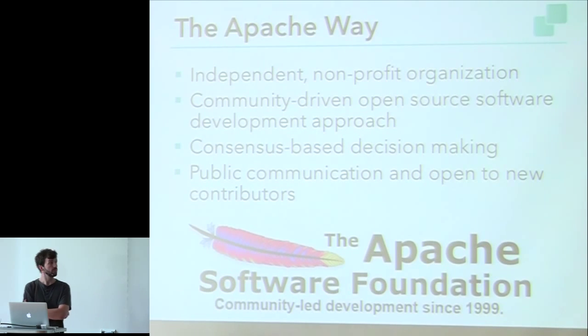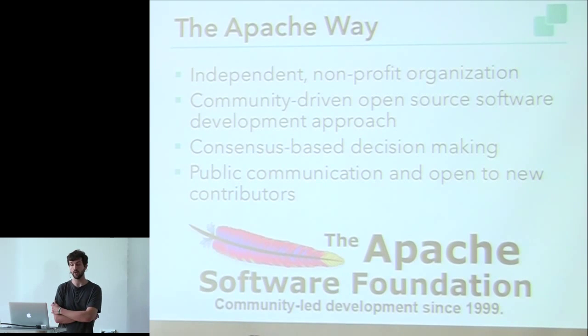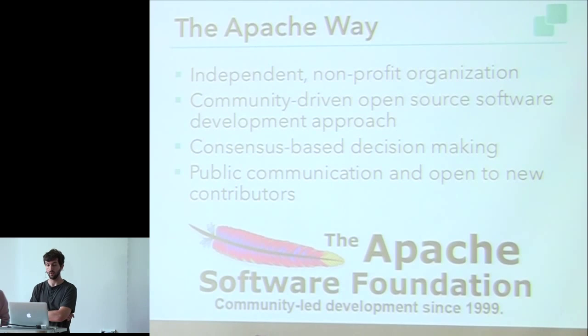The Apache process is consensus-based, tries to have low hierarchies and tries to communicate everything open and public. So while we are working at Data Artisans on Flink, we also try to do it the Apache way and communicate openly. And that's also the key to success, because we get external contributions, and that helps to improve Flink.